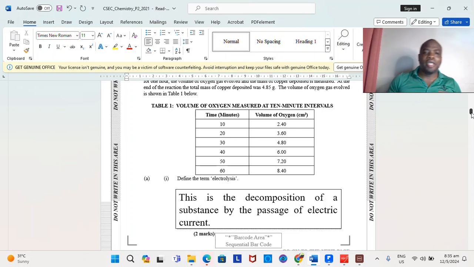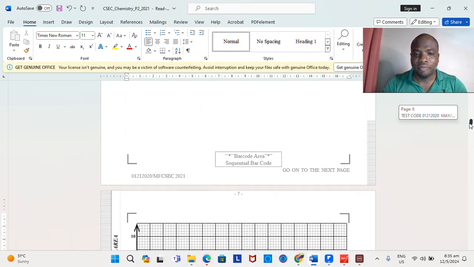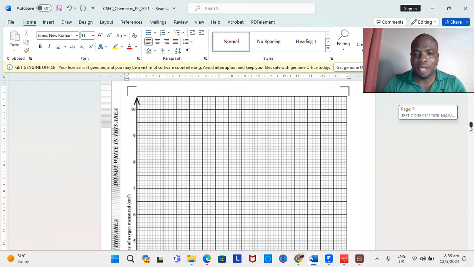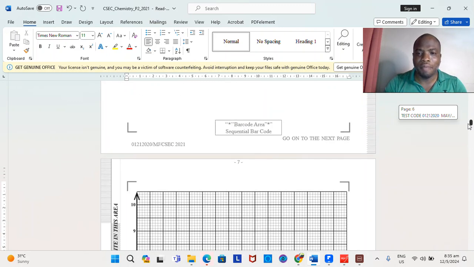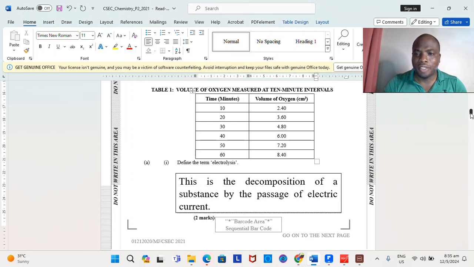One of the things that you can do is to write down the information on the page of the graph, not directly on the graph, but to the side where you can quickly look at it. Because even for me, I'm going back up. So 3.6, 4.8.